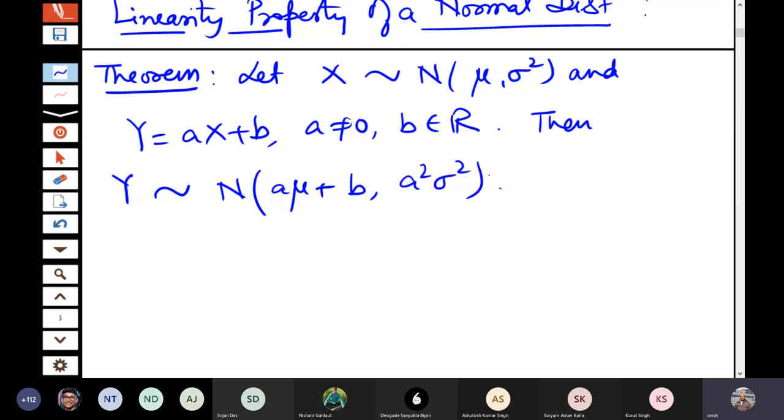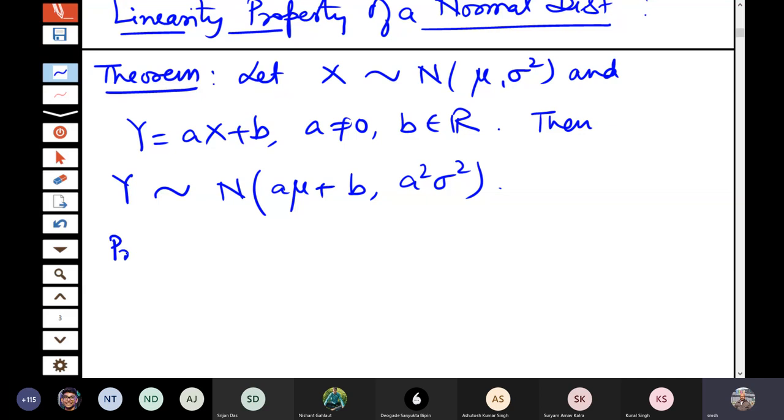This is called the linearity property of the normal distribution. The mean is transformed by the linear term, and the variance gets multiplied by the multiplicative term, that is a square.